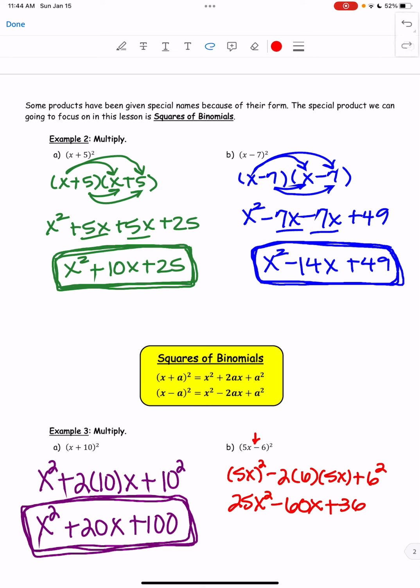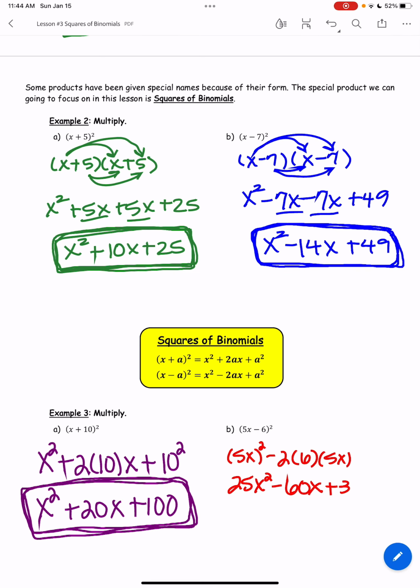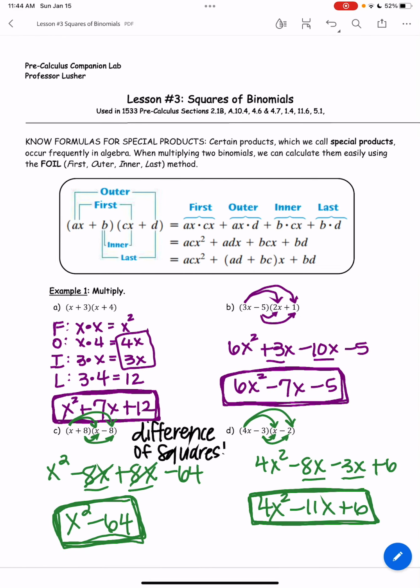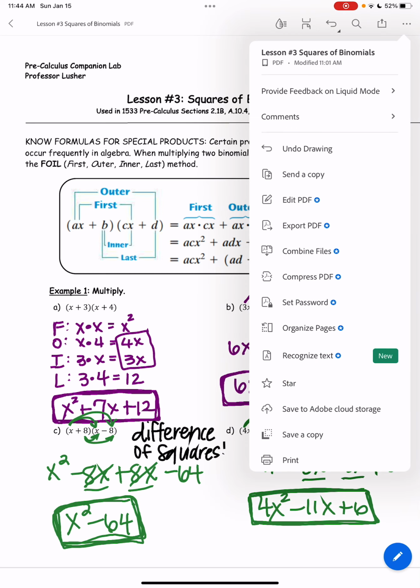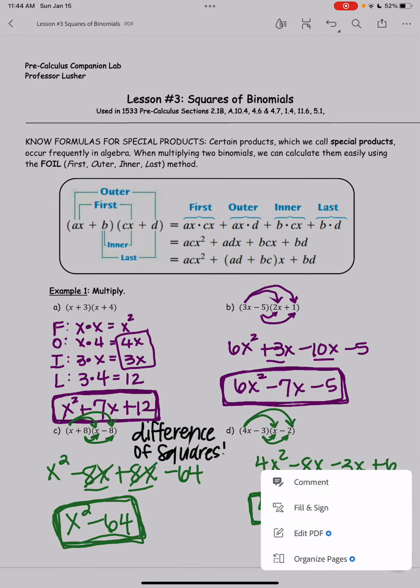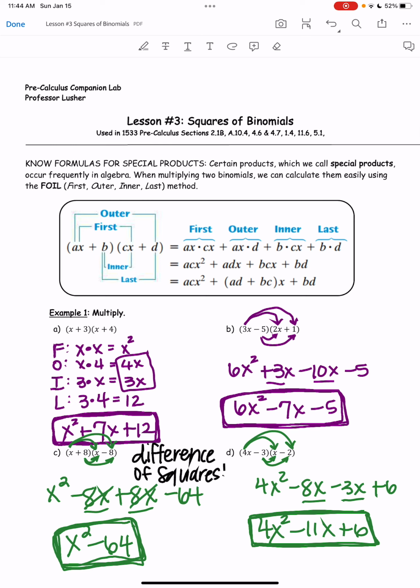As you can see in pre-calculus, and I should have mentioned this from the beginning, we are going to need this in quite a few lessons.